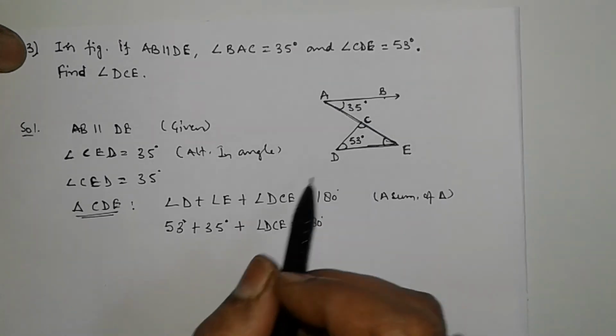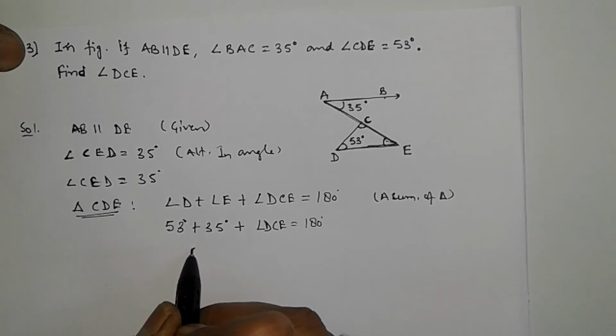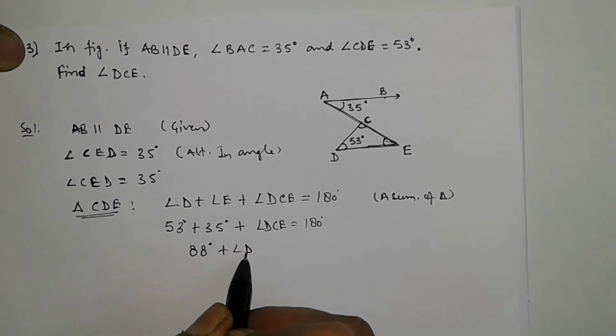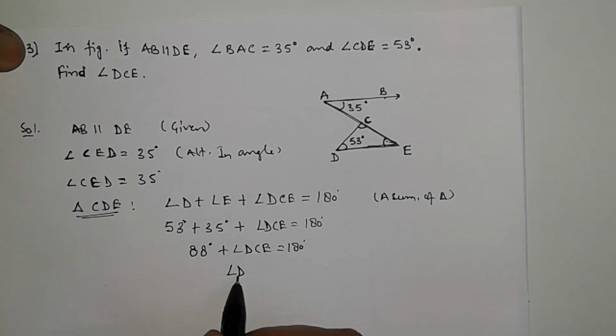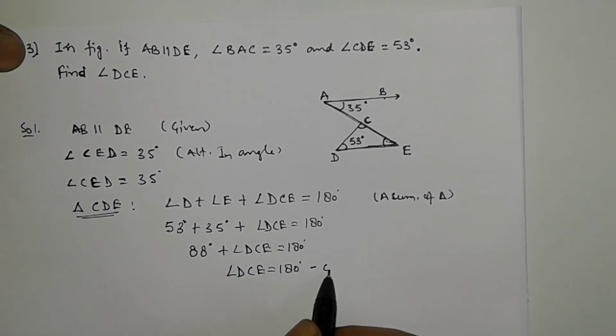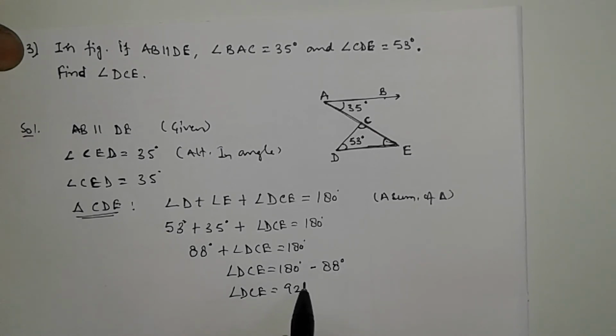Now if you add it, you will get 88. So angle DCE is equal to 180 minus 88 degrees. So angle DCE will be equal to 92 degrees. So this is the answer.